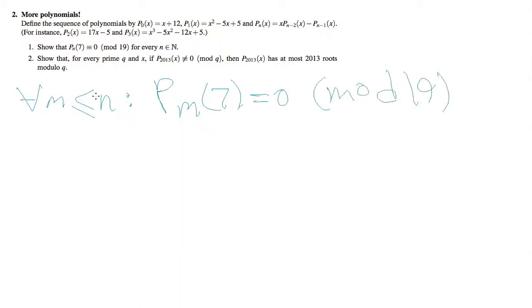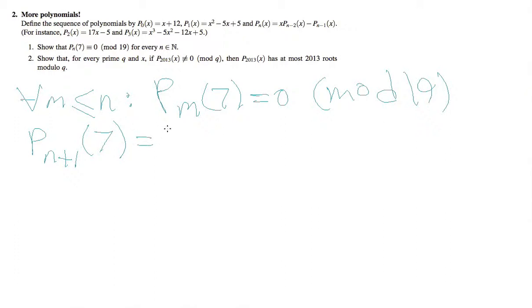And then, using this assumption, you are to prove that the inductive hypothesis holds for n plus 1. So let's write down the definition for n plus 1. What is Pn plus 1 of 7? Well, from this definition, we know how to write Pn plus 1 of x. Well, we can just plug in x equals 7 and get this formula.